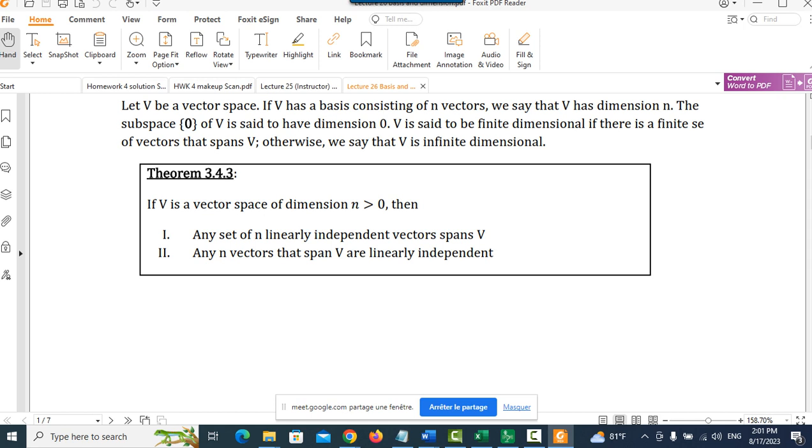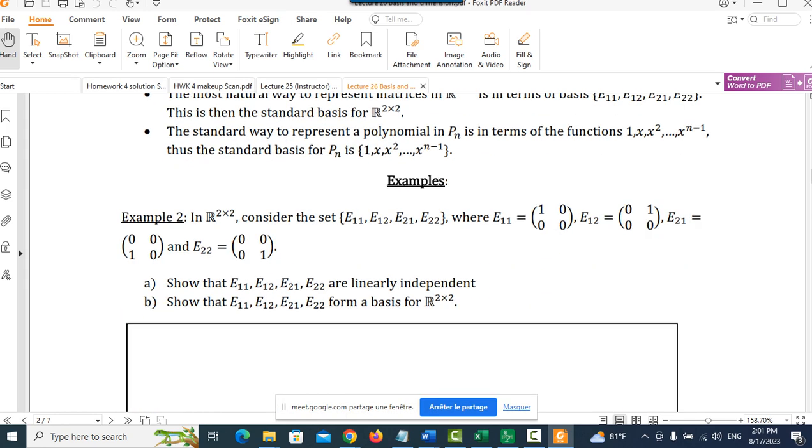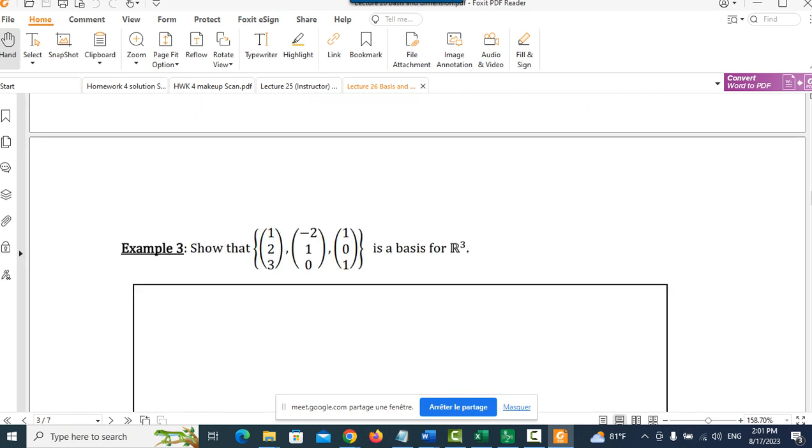If V is a vector space of dimension n, and in our example the dimension is 3 because we have R3, any set of n linearly independent vectors spans V. So if I can show that these 3 vectors are linearly independent, automatically they span R3, so I don't need to demonstrate that again.